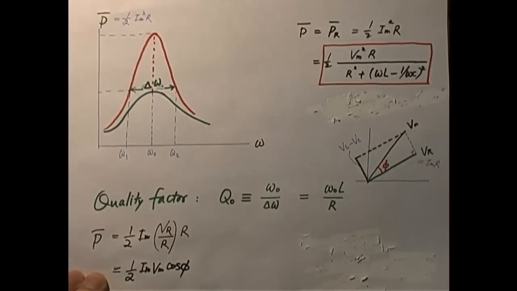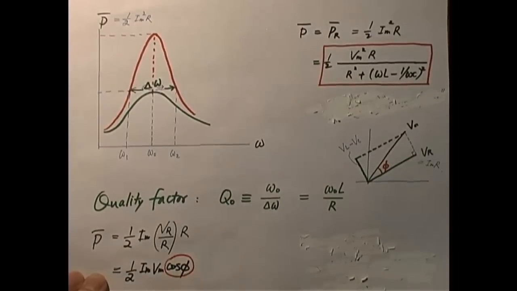And this expression is interesting. First of all, this 1/2 here comes from the time average. But also it's proportional to the product of the maximum current and the amplitude of EMF. That all makes sense. But on top of that, there's also another factor, cosine phi.